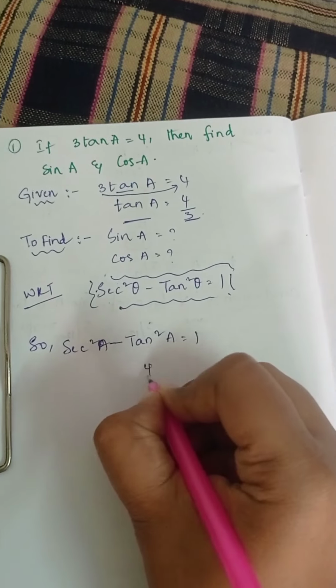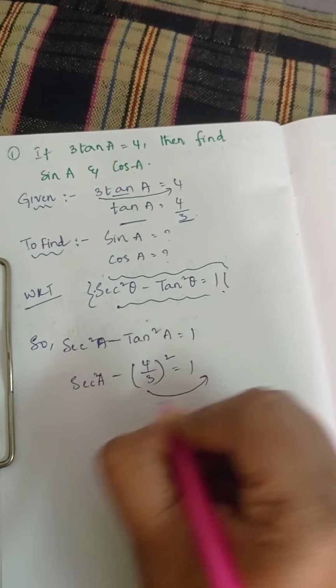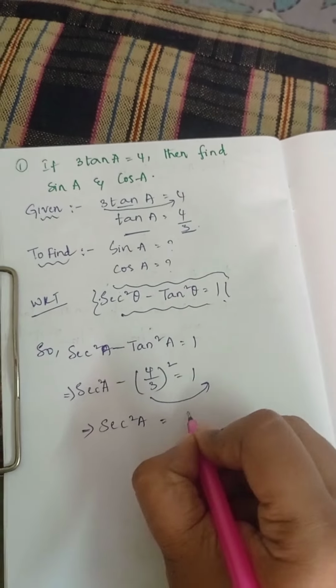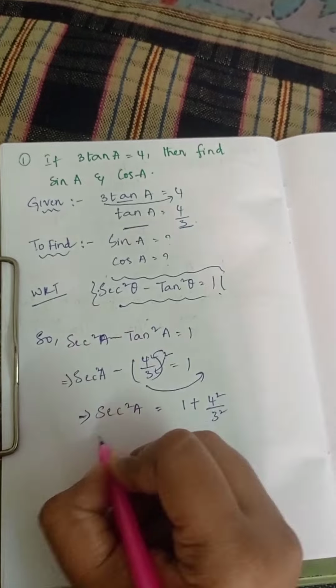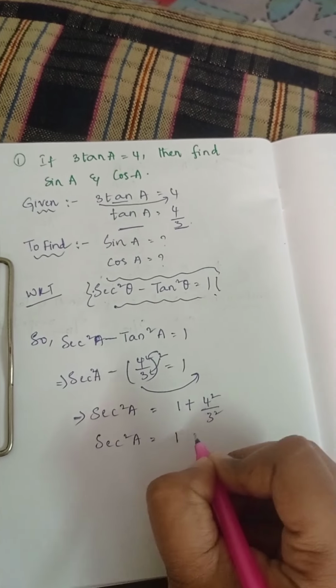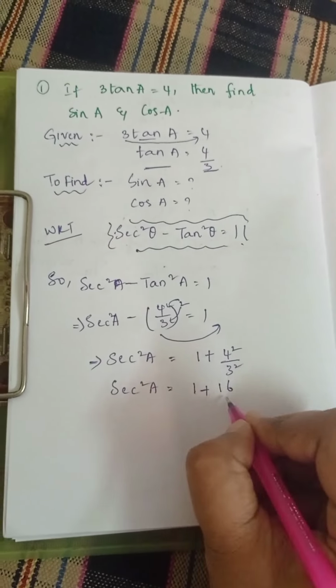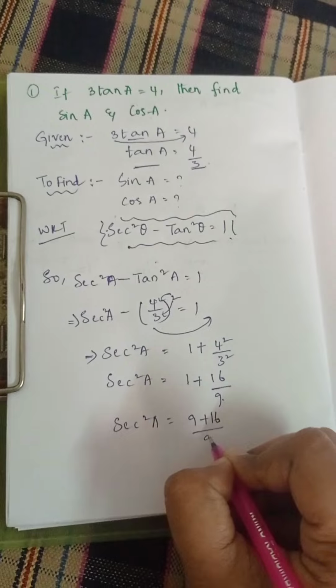So we know tan, substituting, right? Send it to RHS, we'll get secant square A is equal to 1 plus 4 square by 3 square. So secant square A is equal to 1 plus 16 by 9, right? So secant square A is equal to 9 plus 16 by 9.